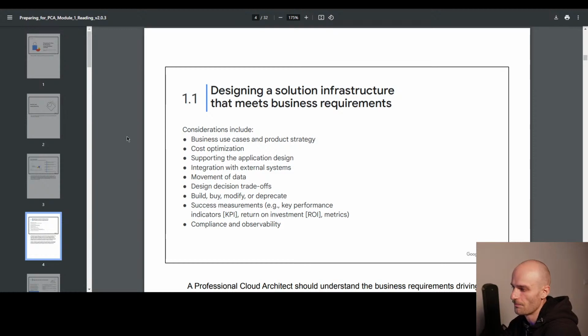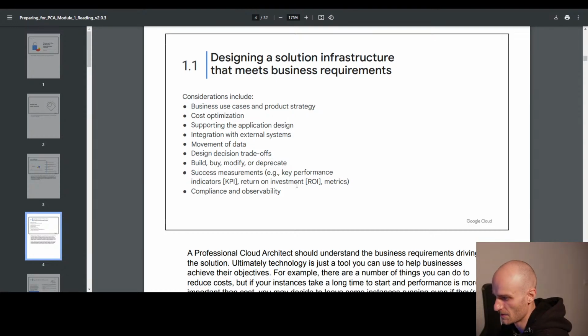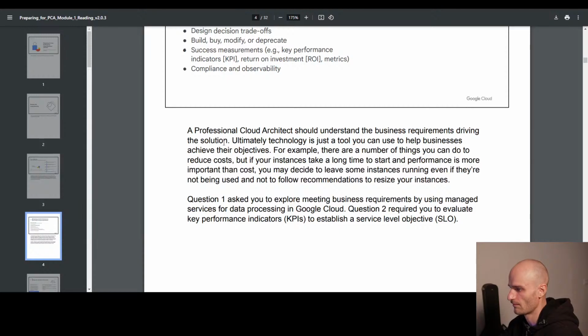Considerations include business use case and product strategy, cost optimization, supporting the application design, integration with external systems, movement of data, design decision trade-offs, build, buy, modify, or deprecate, success measurements, compliance and observability. Okay, so trade-off between requirements.